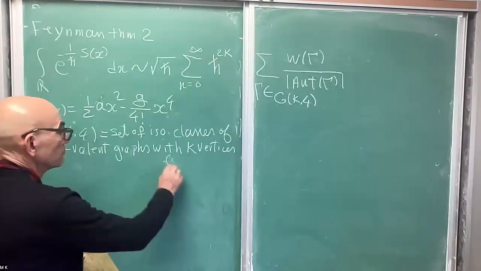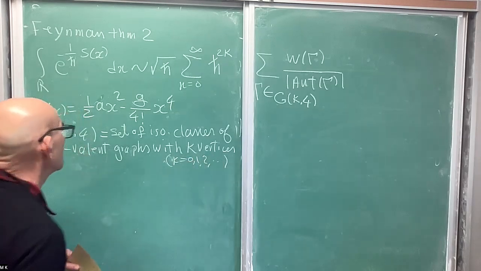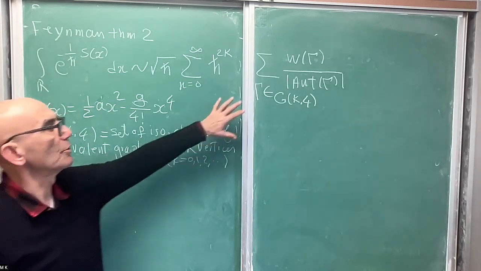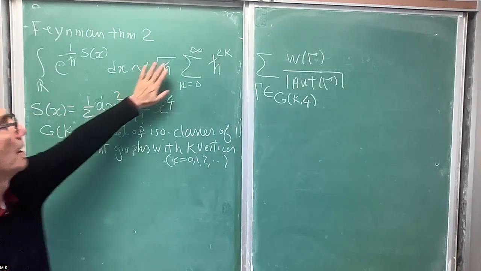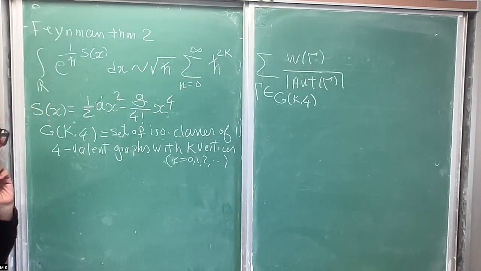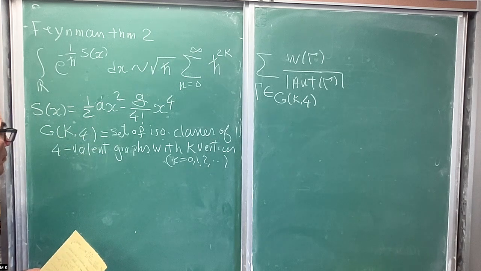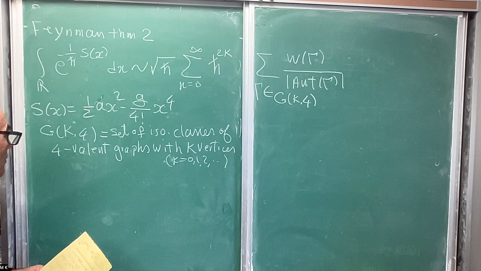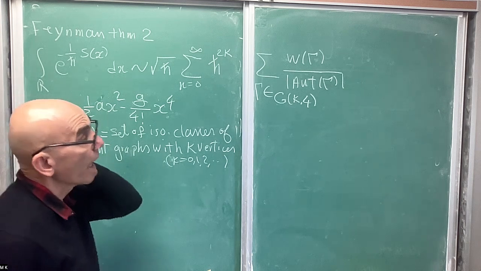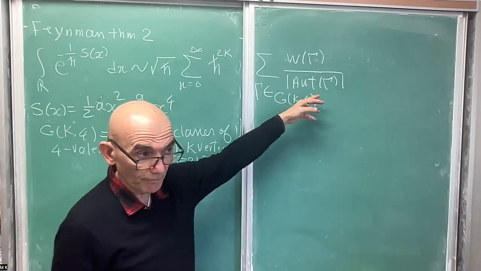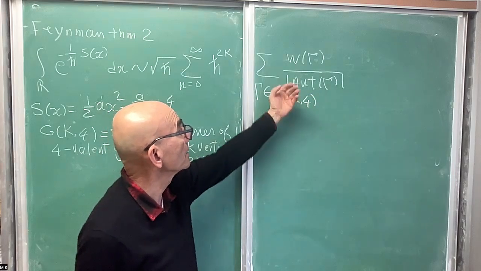So k here goes from 0, 1, 2, and so on. For k equal to 0, we just assume this number is 1. So the series starts with 1 here. And then, otherwise, we have this set of isomorphism classes of 4-valent graphs with k vertices. And Aut gamma is the automorphism group of this graph, gamma belonging to this set.